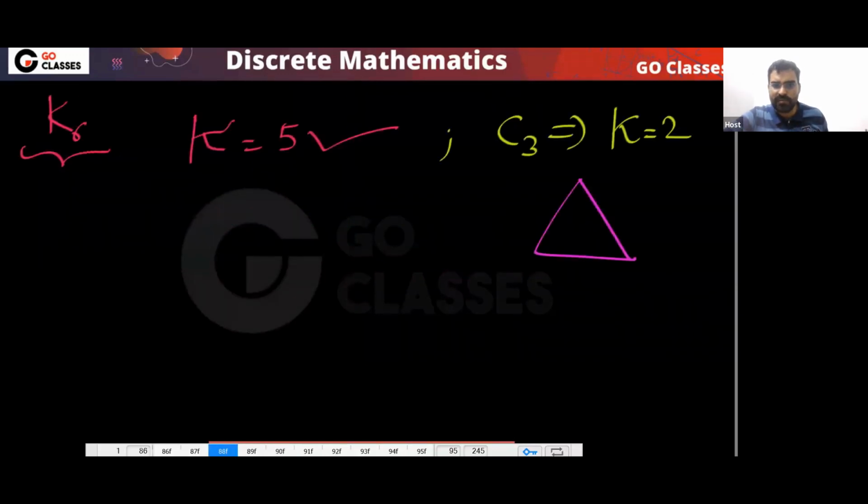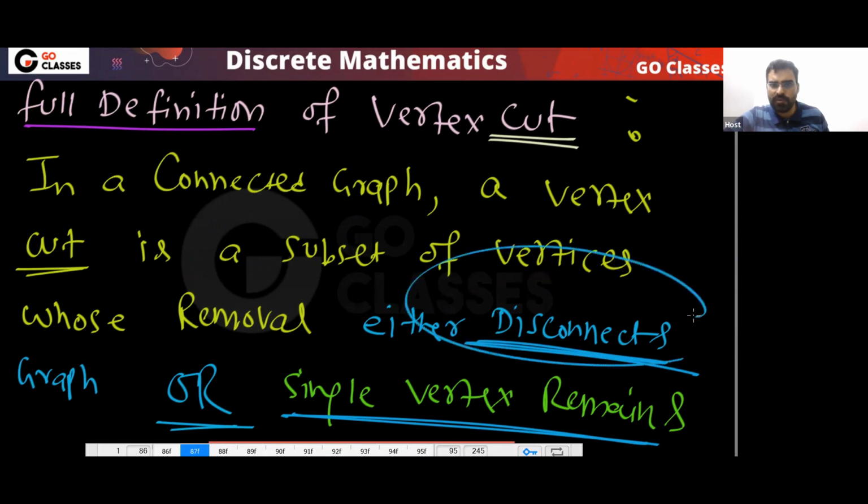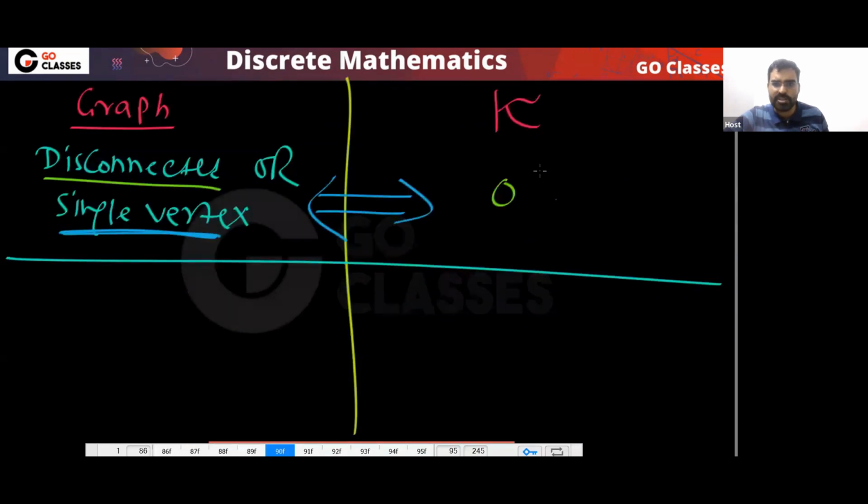If you have a disconnected graph, the answer will be 0. If you already have a single vertex, the answer will be 0.